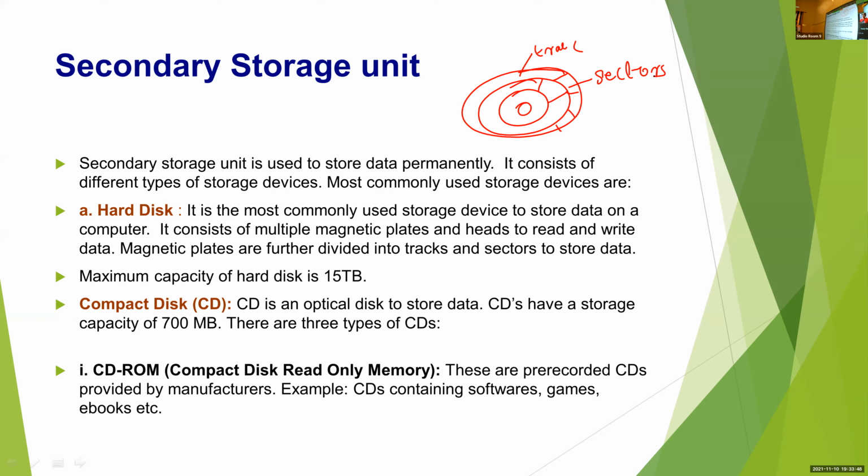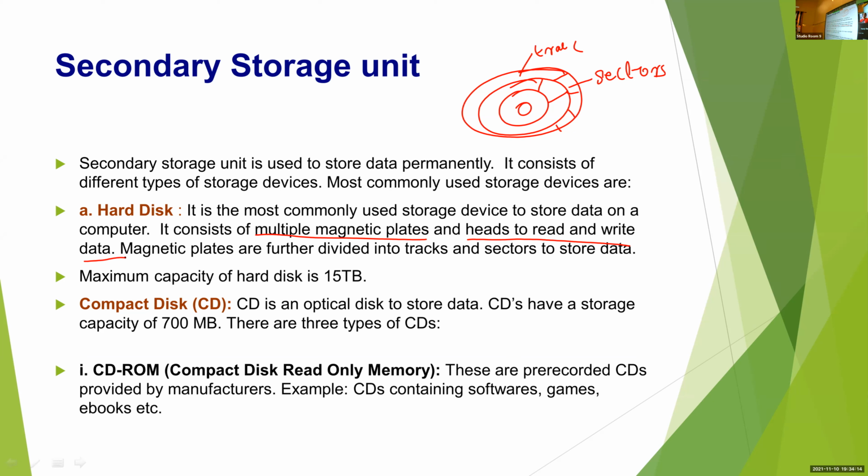So hard disk consists of multiple magnetic plates and heads to read and write data. In this sector position, we are writing some data, either 1 or 0. We are writing that data in this sector. And there is a head for reading and writing data to or from the sector.